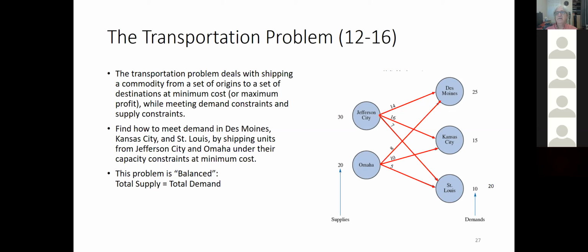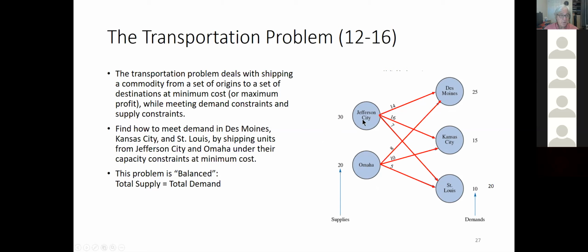A commodity needs to be sent from Jefferson City and Omaha to 3 cities. In Jefferson, assume you have a plant, and in Omaha, another plant. They produce exactly the same item. The capacity of production in Jefferson is larger.